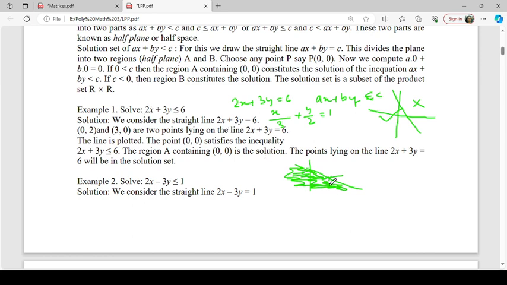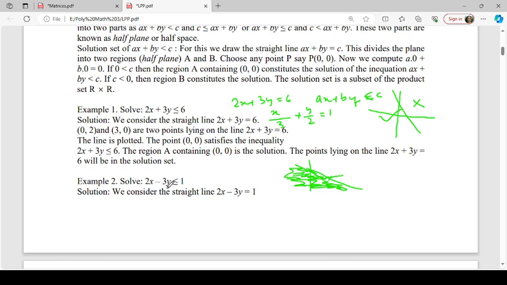When we say the solution of this inequality, it is all of these points. Say (1,2): 2 into 1 plus 3 into 2 is 8... it lies on this side, so every point lying here is a solution of this inequality.